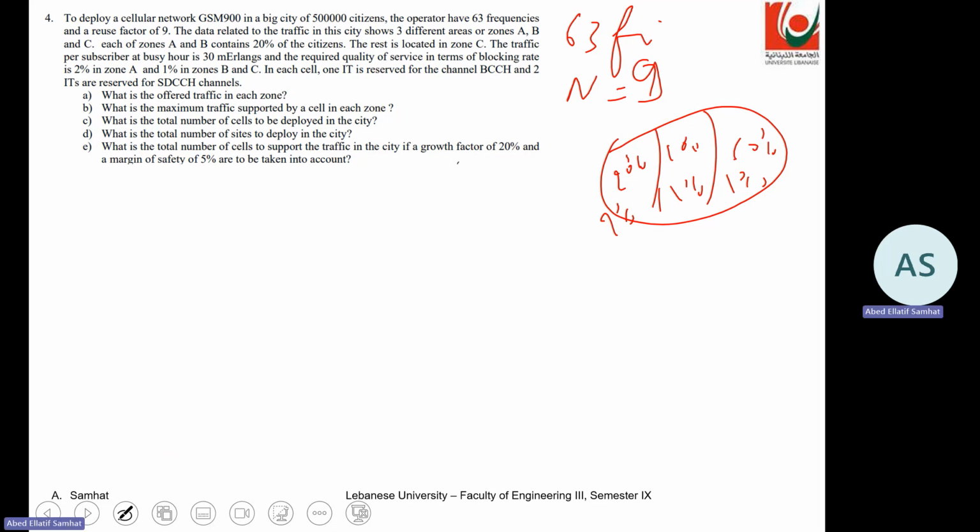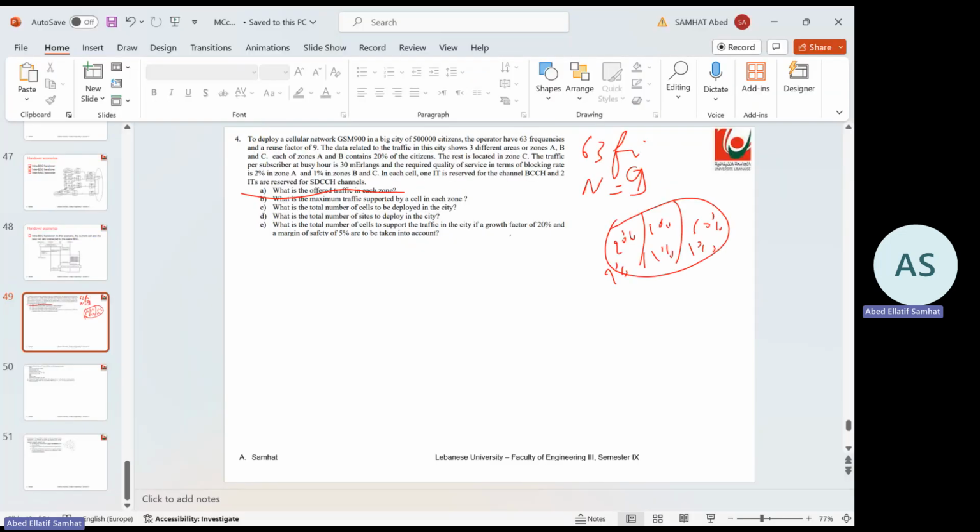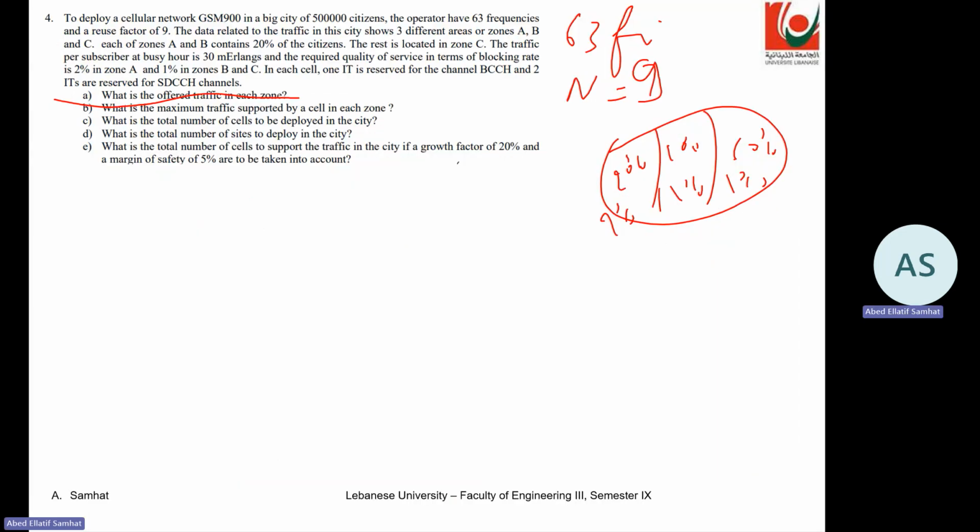So the first question here: what's the offered traffic in each zone? Okay, so let's calculate this traffic. I hope that it was possible for you to do this exercise as I mentioned in the last session.